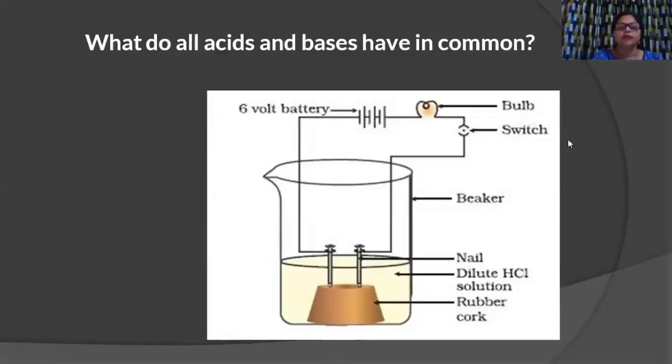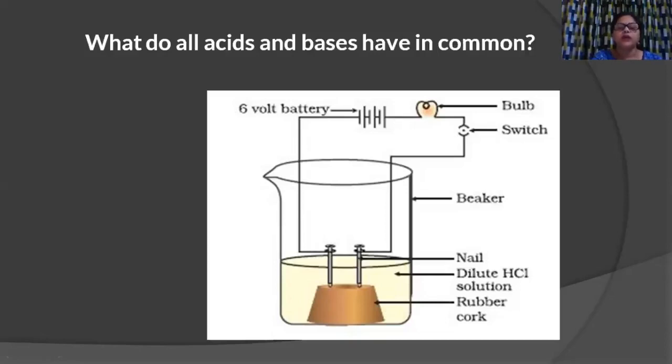This is a setup in which we have taken a beaker, iron nails, cork, wires, battery, bulb and switch. With the help of all these things, we will prepare a circuit in which all the components are connected to each other.